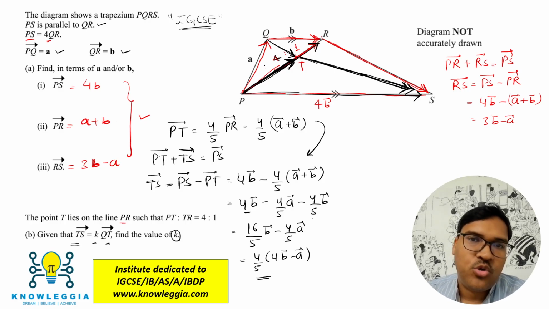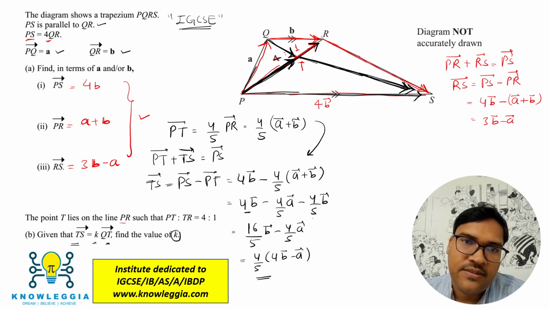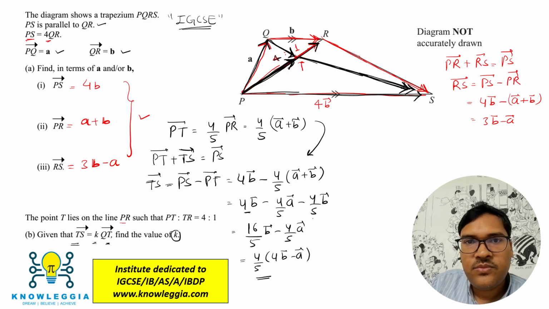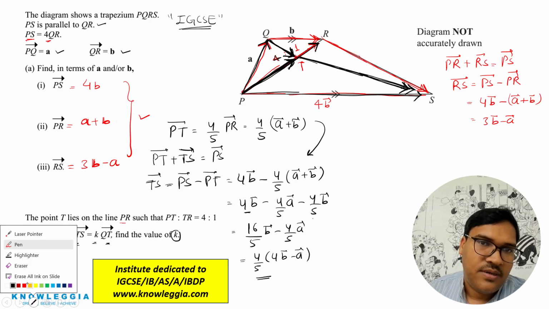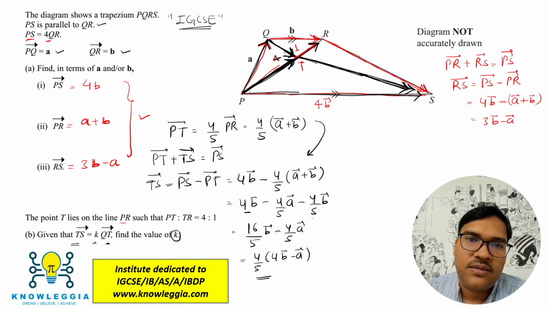Now let's talk about QT vector. This is QT vector. If I take this triangle, because we know all these vectors, let me change the color and mark this.